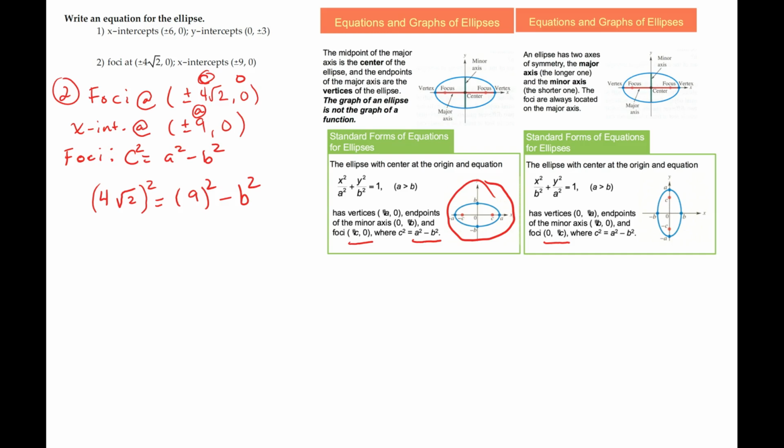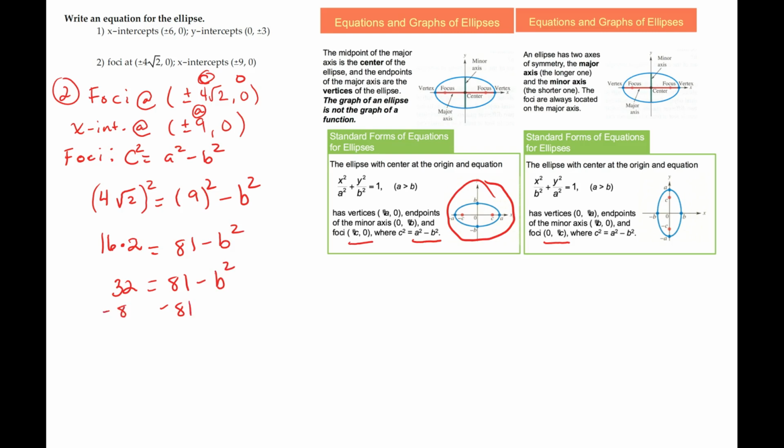And what do we get? All right, we get something like 16 times 2 equals 81 minus b squared. 16 times 2 is 32, equal to 81 minus b squared, rather.